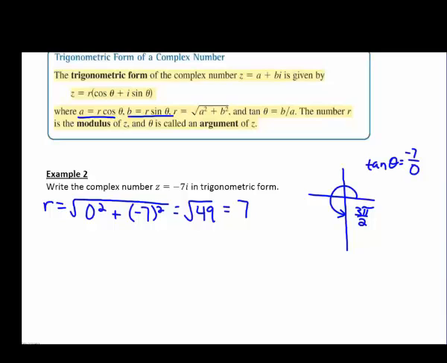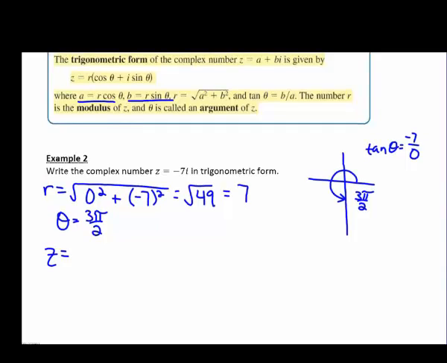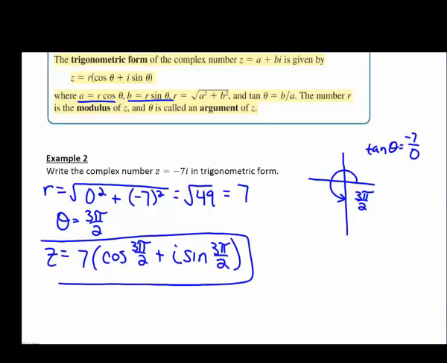And so we know that our angle measure is 3 pi over 2. So now we can find the trig form. Okay, and so that just becomes 7 times the cosine of 3 pi over 2 plus i sine of 3 pi over 2. And that is the trig form of negative 7i.